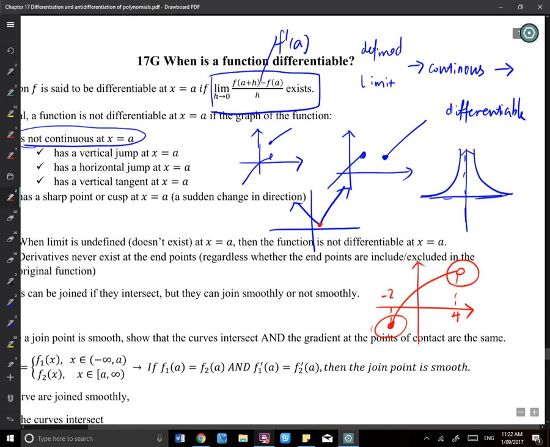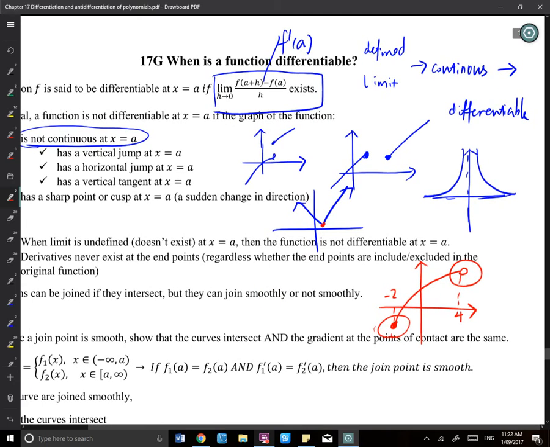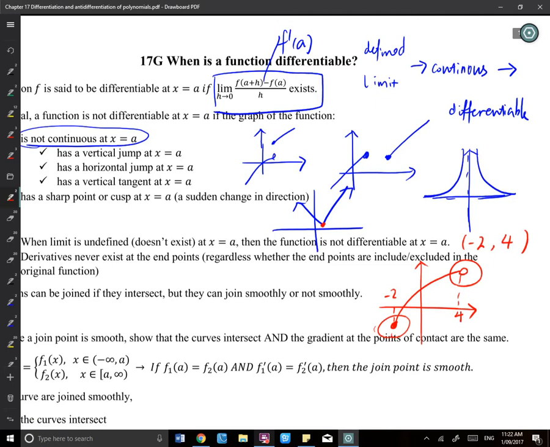If I'm asking you where the function is differentiable, you will only say it's from -2 to 4, with open brackets on each side, because you won't include any endpoints. So that's open, -2 to 4.